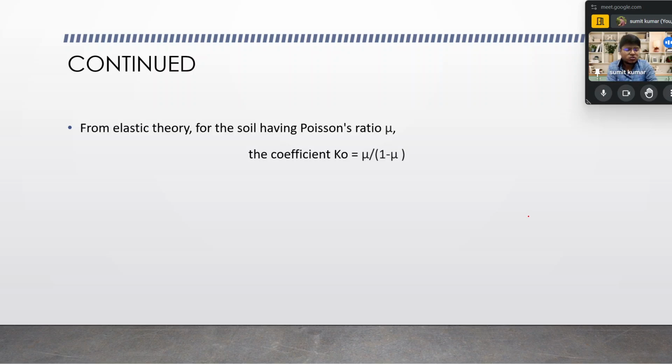Over there we come to know that it is 1 minus sine phi. I have also framed the question in this direction, so try to write it in your notebook so that we can clear all the confusion which could be there.